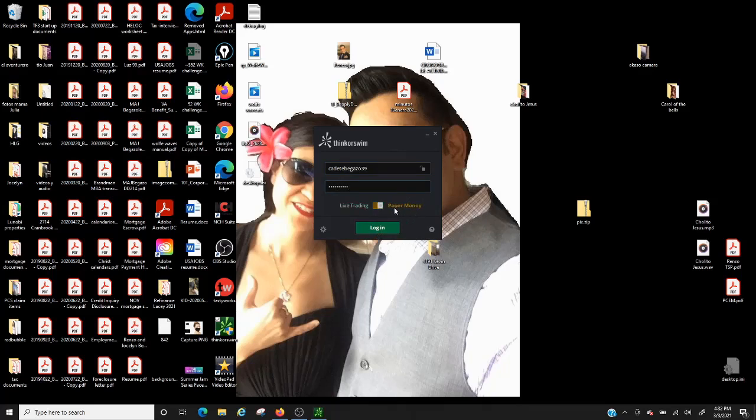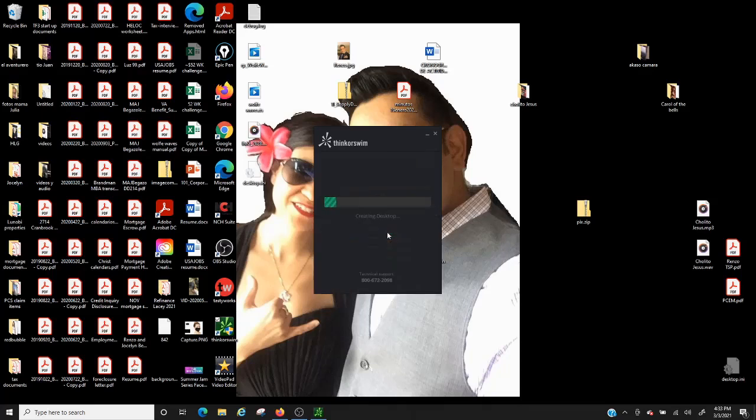Make sure that the yellow or the amber, whatever you're going to call this, says paper. If not, it's going to say live trading. Okay, so you log in and the chart is going to be the same, but instead of saying real-time data in green, it's going to say it in yellow. Okay, or orange, however you want to see that color.